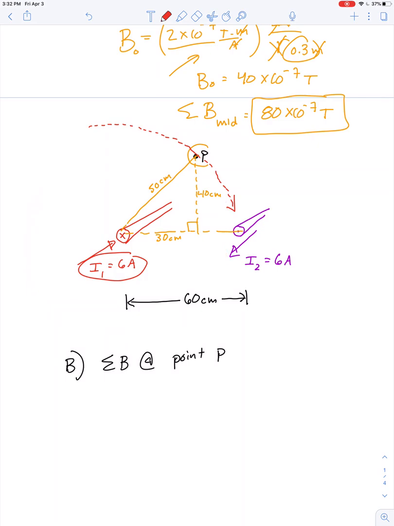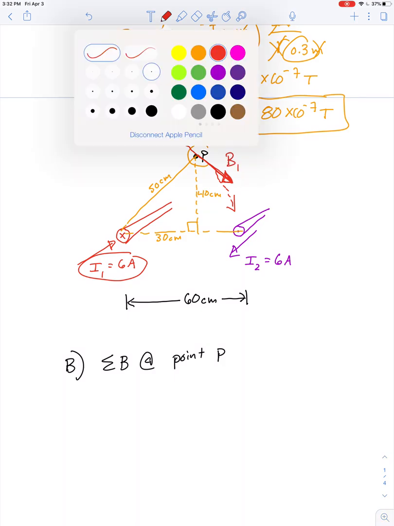But it's good enough just to show a portion of that magnetic field, because all we're really looking for is what's the value of that magnetic field right at point P. So we can draw a line tangent to that circular path and call that B subscript 1.